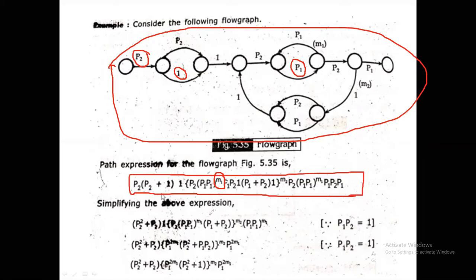Now, simplifying the above expression. When we apply the rules that we learned, P1 P2 equals 1, P1. So these are the rules. If you apply them, now the expression is simplified like this.